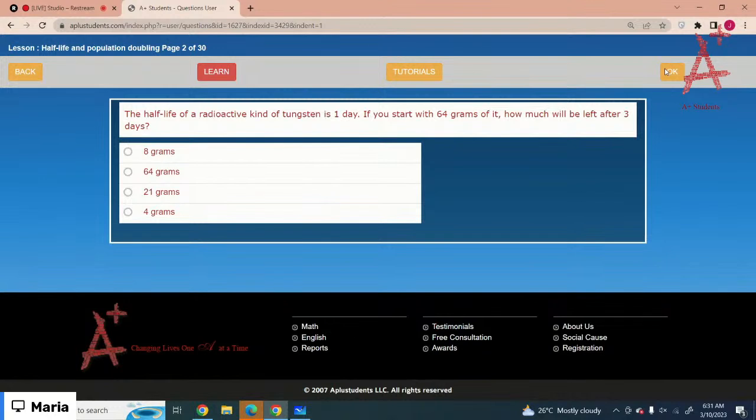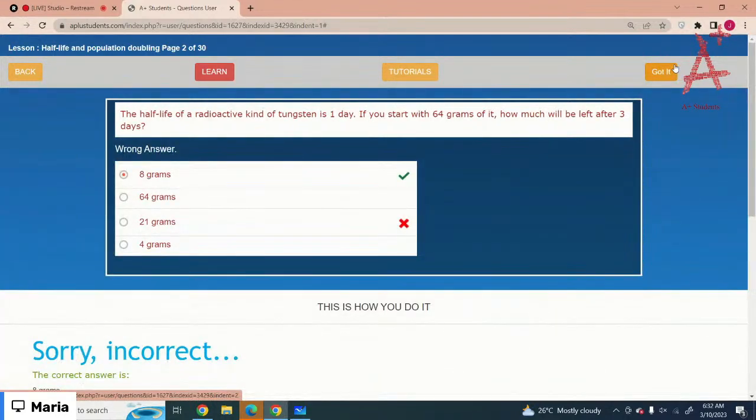So 64 divided by 3 is, because half-life means it is decreasing by half, after 3 days it is 21 grams, 8 grams?